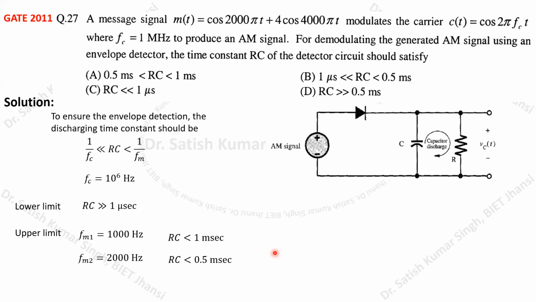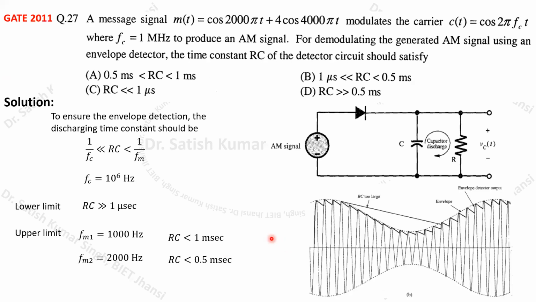I have already explained in my lecture classes that if we choose the RC time constant too large, diagonal clipping of the envelope is going to occur, and the message will not be demodulated properly.